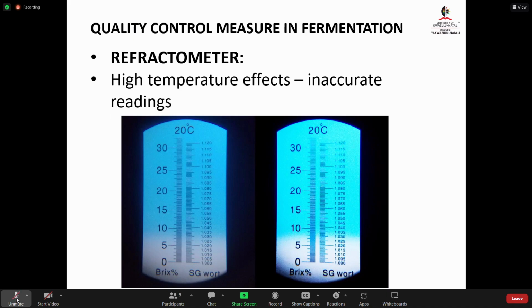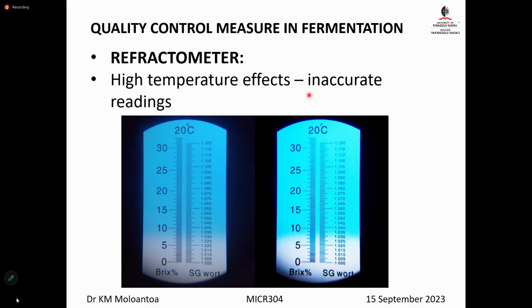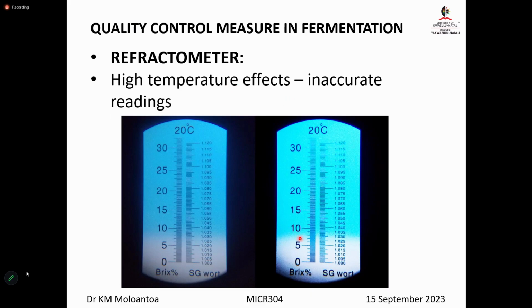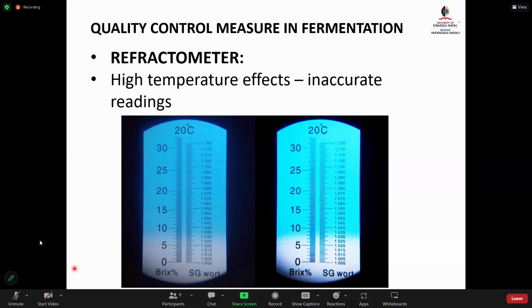Adjuncts is the right word that you need. So you need to add the adjuncts in your wort or the fermentation vessel, so that you can increase the Brix percentage. And because of that, you are now increasing your chances of the yeast that you're going to be using to produce around about 5% alcohol in the beer. Okay. Nice one. Now let's continue.